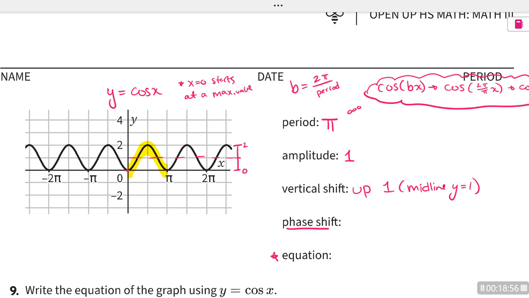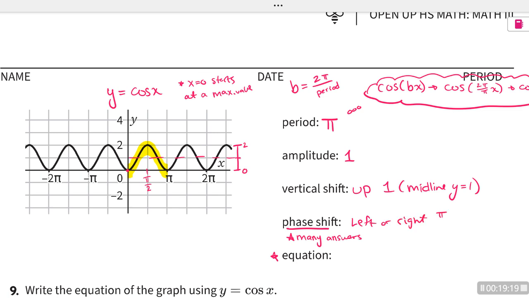Now, there's so many possible answers here. But basically, we want half the period, pi over 2. So we could go left or right.